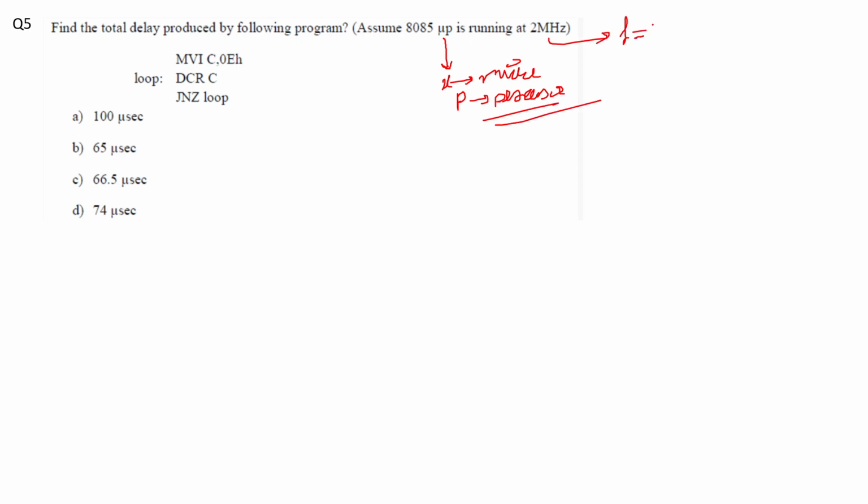So F is 2 megahertz. Now we are given the following program, and we need to find out the total delay produced by the following program. So we have this move immediate instruction.